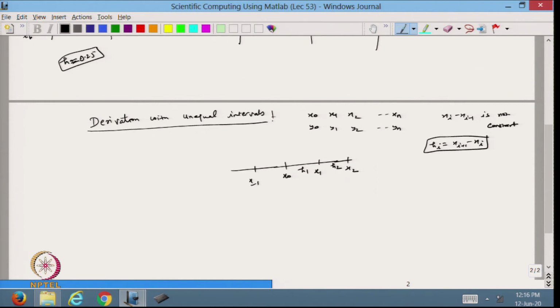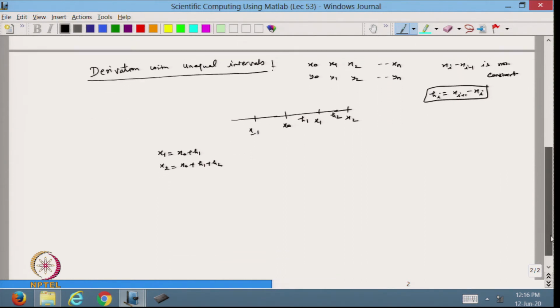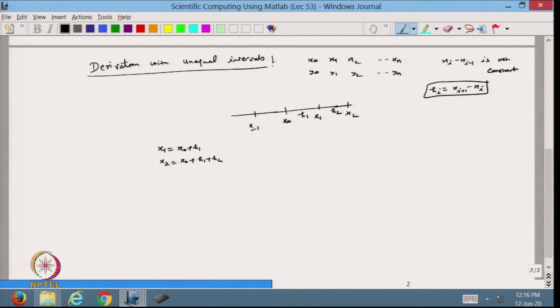So let us write my x1 as x0 plus h1, and my x2 as x0 plus h1 plus h2. Now suppose I want to find the derivative of my function at this point with the help of the forward operator, so either using this one or this one.